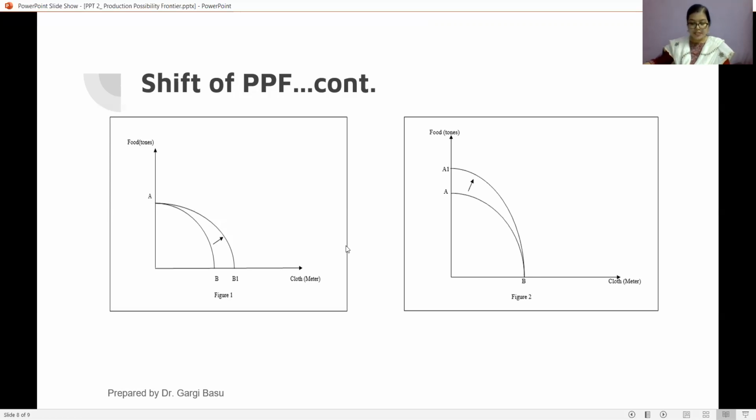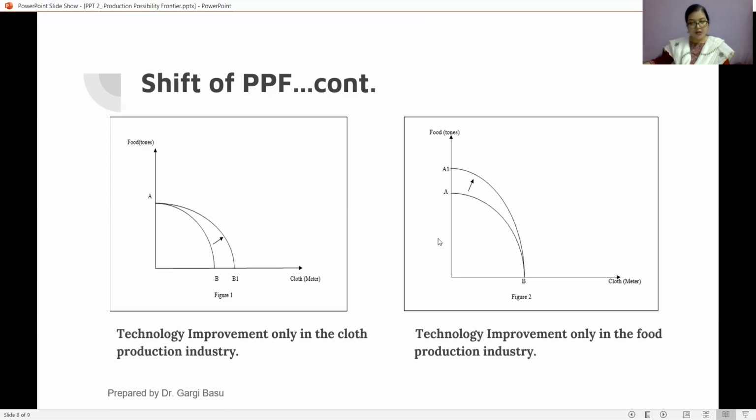If only technology improves in cloth production, then it will rotate like this figure. Similarly, if technology in food production increases, then the PPC will rotate like this.